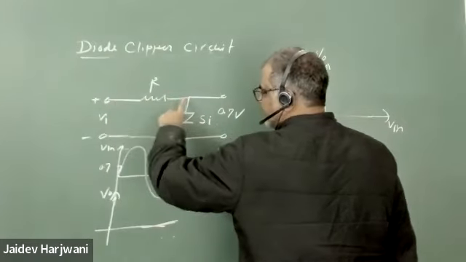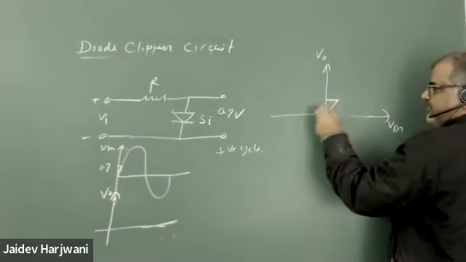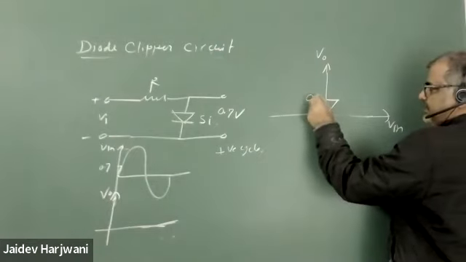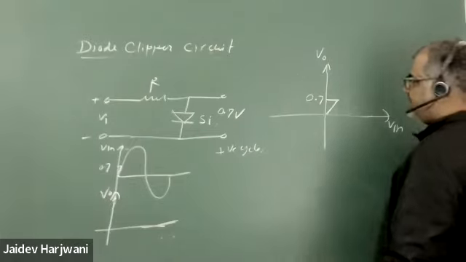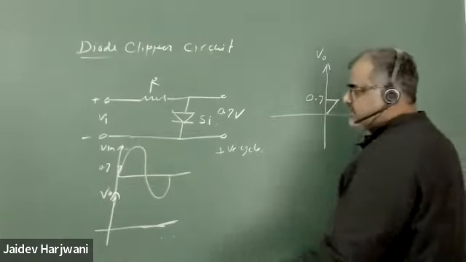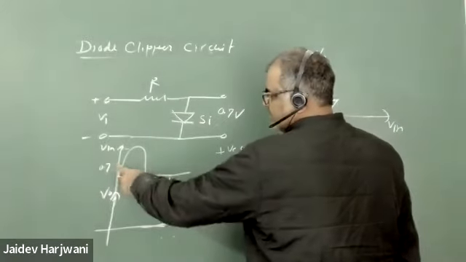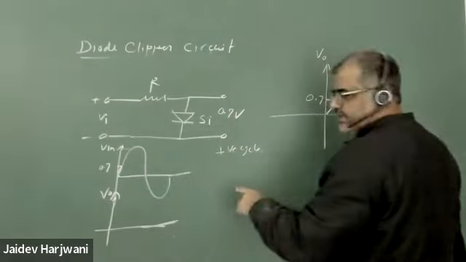So whatever voltage you apply, that will come here. That means up to 0.7, whatever voltage you apply will come to the output. After that, once my voltage is greater than 0.7, this diode will become conducting and you can replace it by a battery.